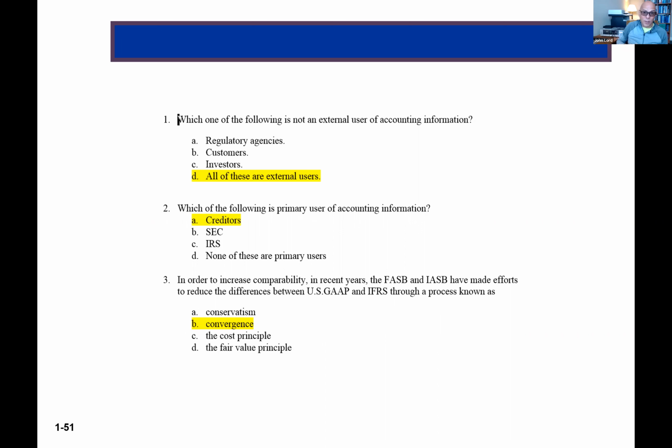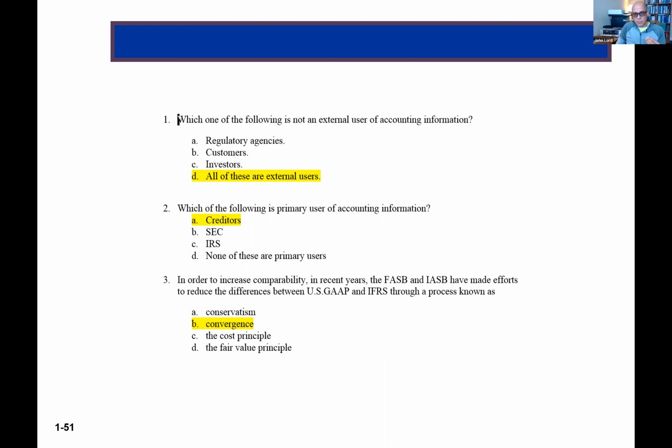Because you know you are not part of Nordstrom. You're external to Nordstrom. And remember, we said that customers may be interested because maybe they're signing some sort of service contract with a company that's going to cover a couple of 3 years. You want to know that they're going to be around to provide this service that, let's say, you're paying up front. So you might be interested in their financial position.